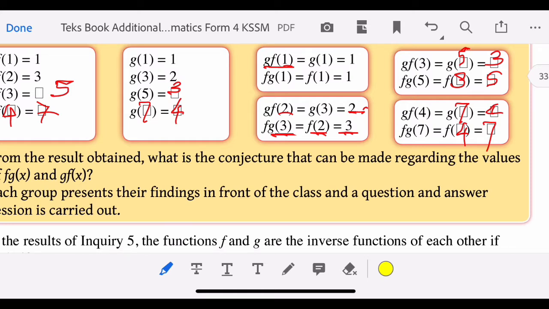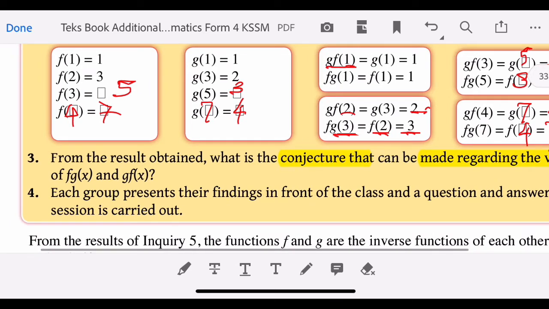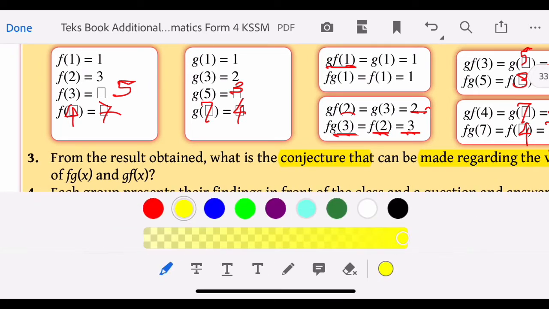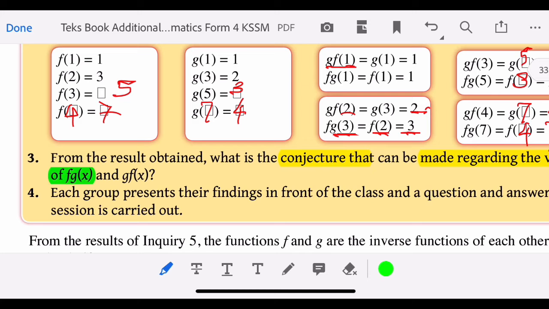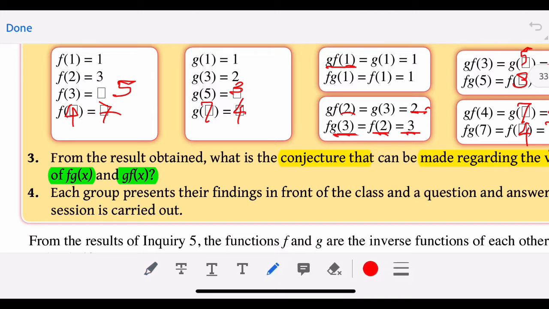You have to write down the conjecture that can be made regarding the values of f(g(x)) and the values of g(f(x)). So what is the conjecture that you can make? You can write like this: f(g(x)) is actually equal to x, right?